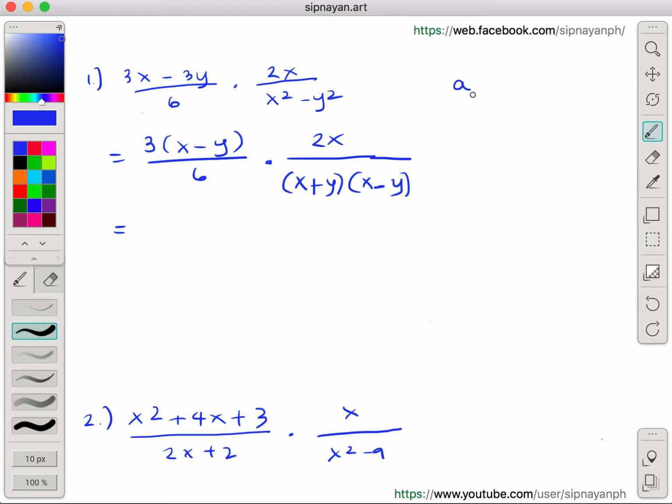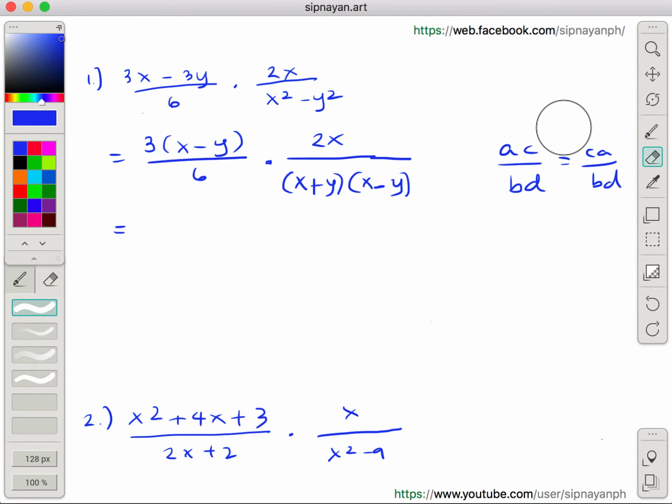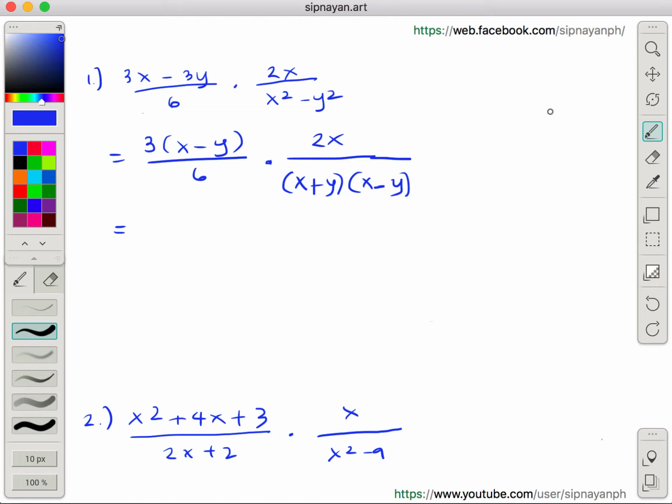For example, A over B times C over D. Pag nag-multiply tayo, magiging AC over BD ang product niya. The order of AC doesn't matter. Pwede siyang CA over BD, or CA over DB. The order doesn't matter because multiplication is commutative. Napag-aralan na natin yan, that the order of the numbers or the expressions in multiplication does not matter.